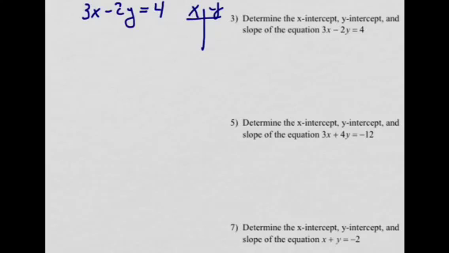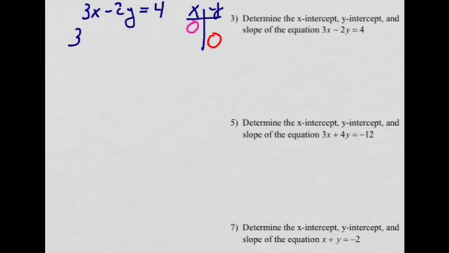We want to know, hey, what's the value of y when x is 0? And then we also want to know the value of x when y is 0. So let's start with the pink one first. Pink one basically says let x equal 0. Find y.